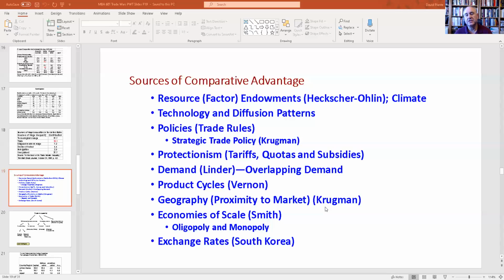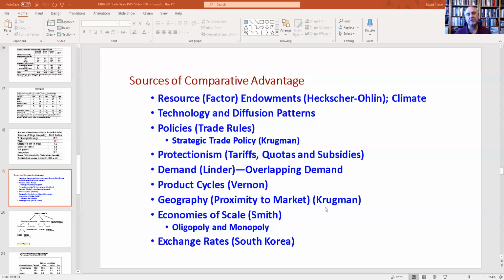You can also think of this model when you're thinking of, if France consumes a lot of wine, the Linder model might explain why they have a wine industry other than the quality of the wine and things like that. Same thing if we're thinking about the Czech Republic and beer, or Belgium and beer. So sometimes demand can actually create a comparative advantage.